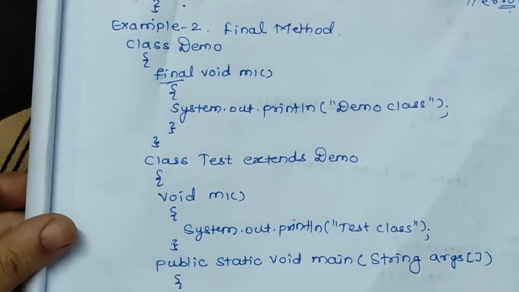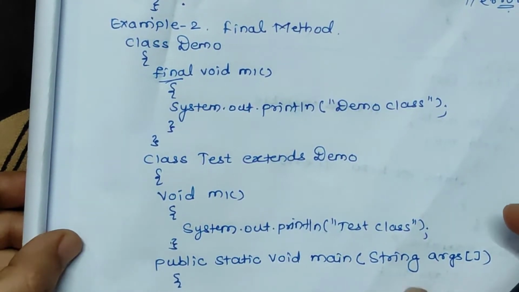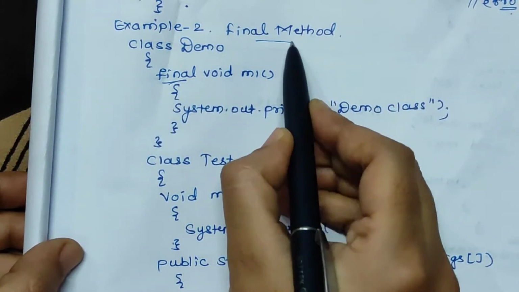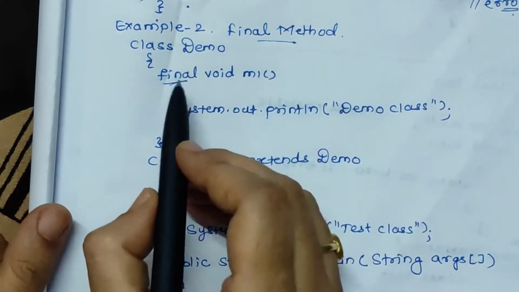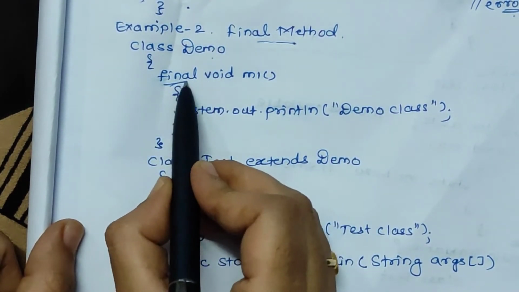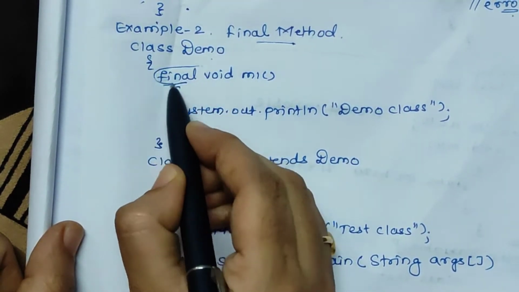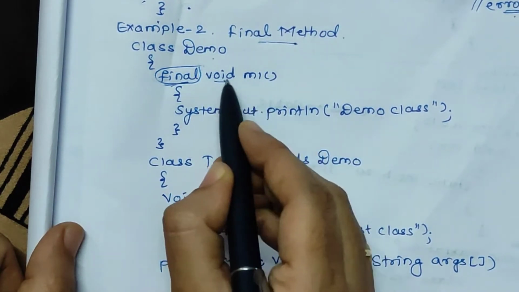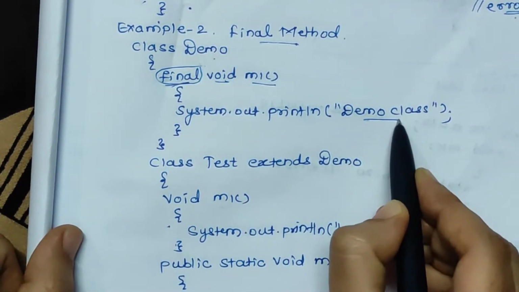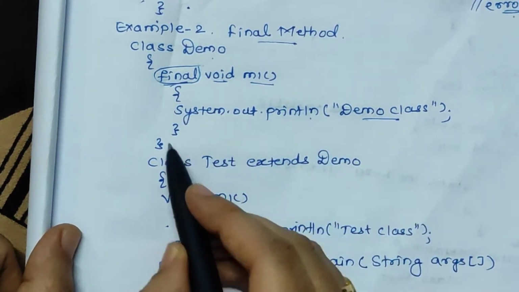Now next we will discuss the use of a final method. The final keyword can be used before a method also. This is a simple example, class Demo. Then suppose this is a simple method, void m1, and we are displaying a statement, demo class, with the help of System.out.println.